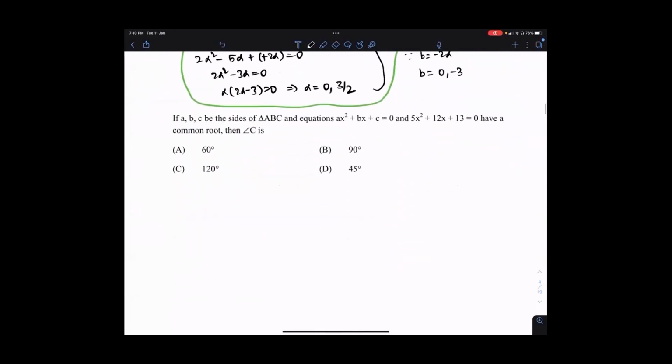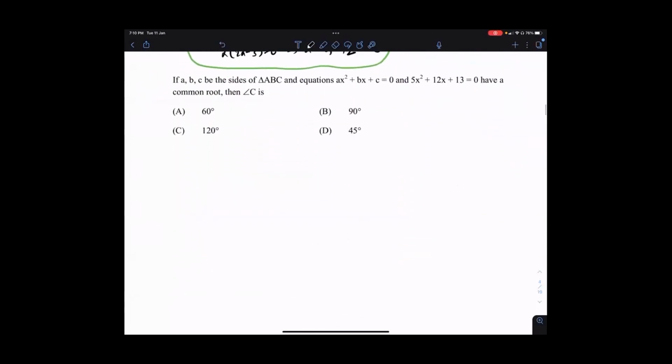Okay. Next, a, b, c are the sides of the triangle, and in this question, if you see, they are saying this and this have a common root. So this question is a little different from the one given above.